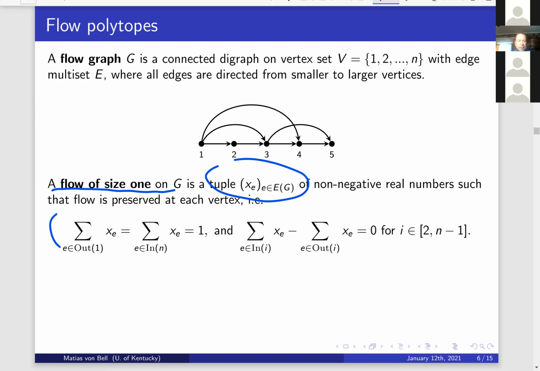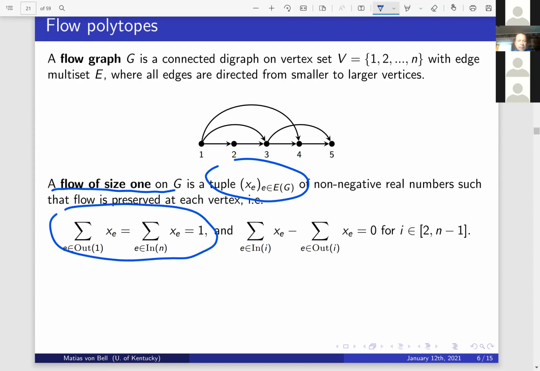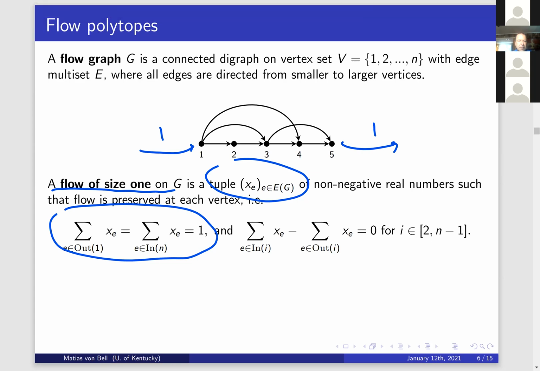So what that means is the first set of equalities that I circled tells us that the inflow and the outflow has to equal 1, if you think of this as a system of pipes where liquid is flowing through, for example.